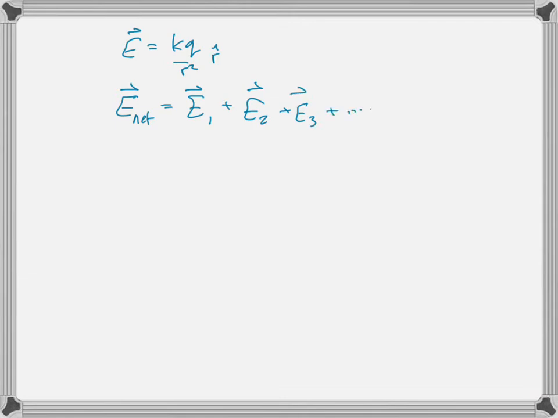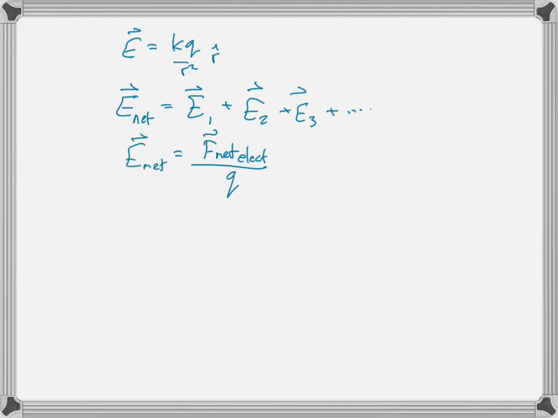So you just add up the net field, or it is the net electric force, not the net total force, but the net electric force per unit charge. That's another way of looking at it. So there are a couple of ways to look at that net field.